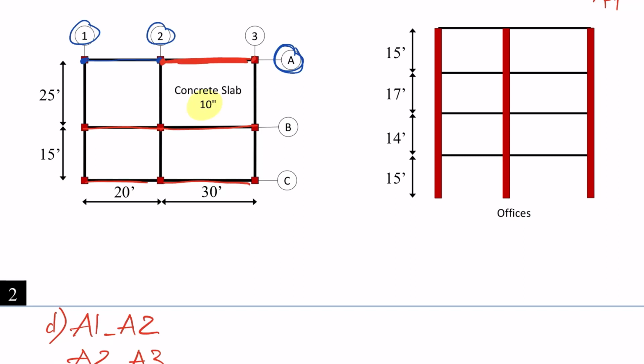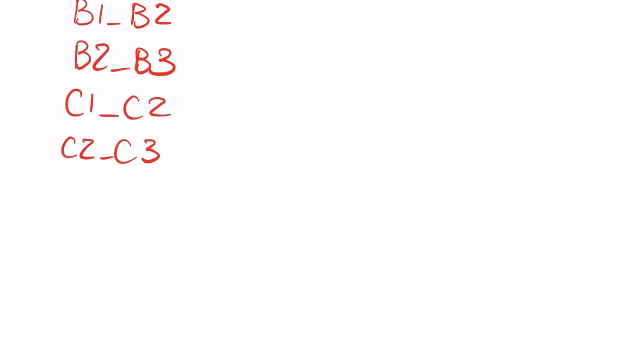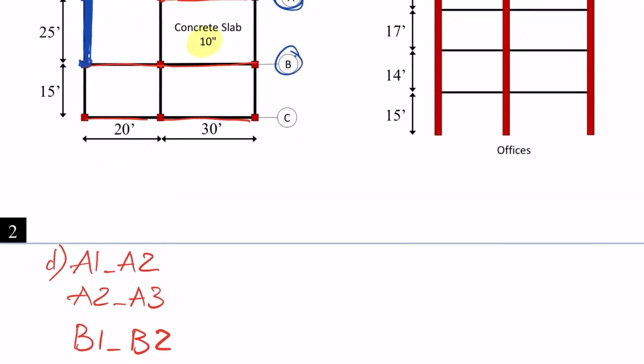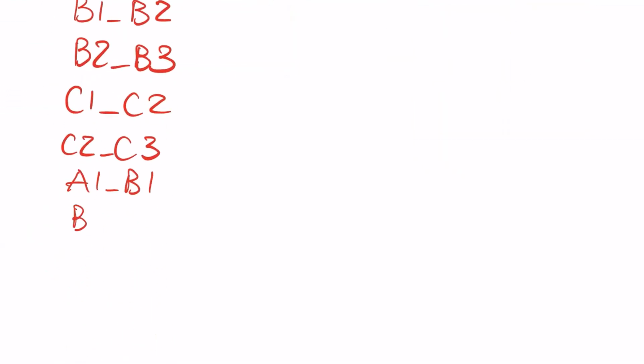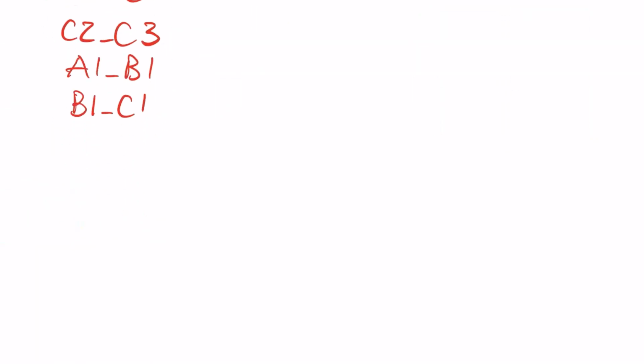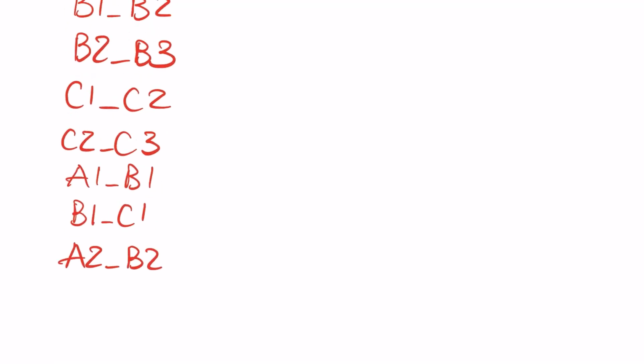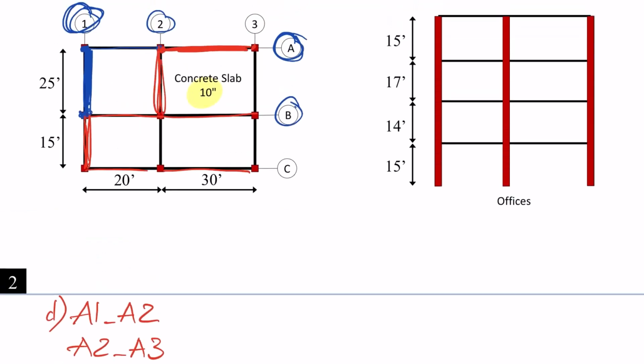Now let's check the vertical beams. For the vertical beams, from here to here is A1, B1. And then I have B1, C1, and then A2, B2, similar to that.